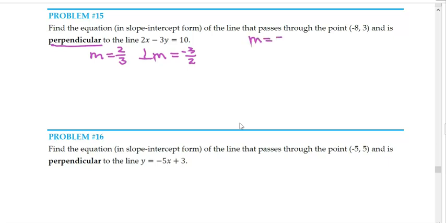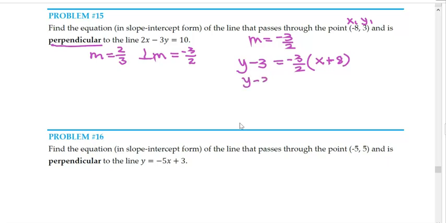All right, so we're going to use negative 3/2, and this is my x1 and y1. So let's go ahead and put that into the point slope formula. y minus 3 equals m, which is negative 3/2, times x minus a negative 8, so x plus 8. And now let's distribute that through.